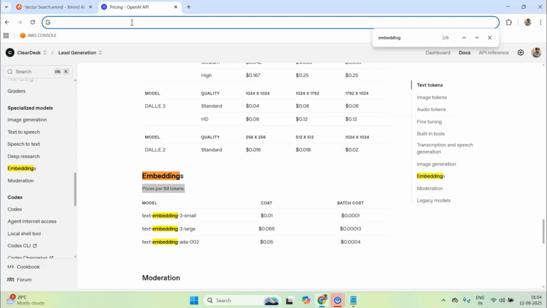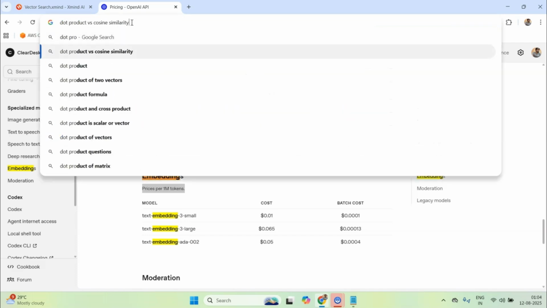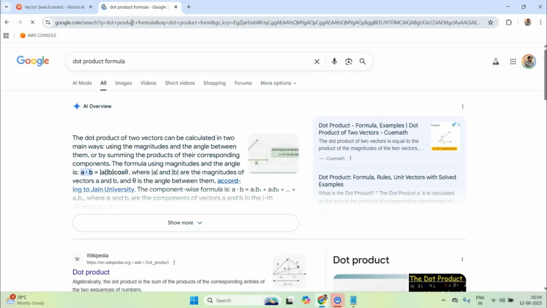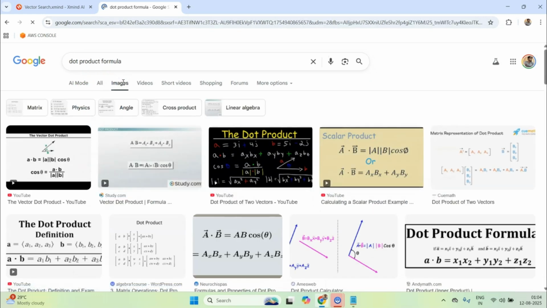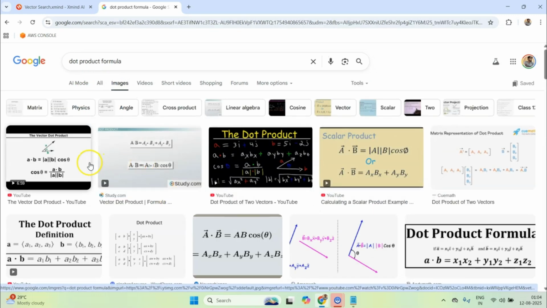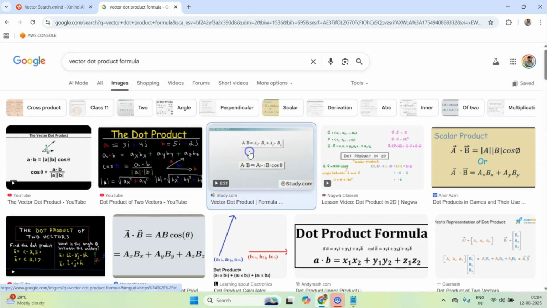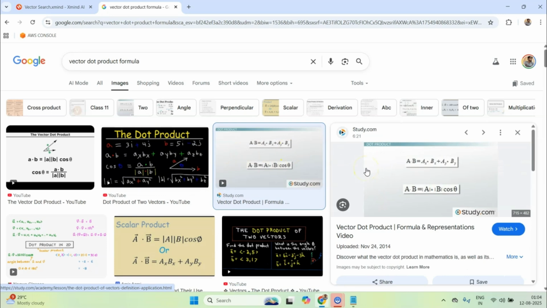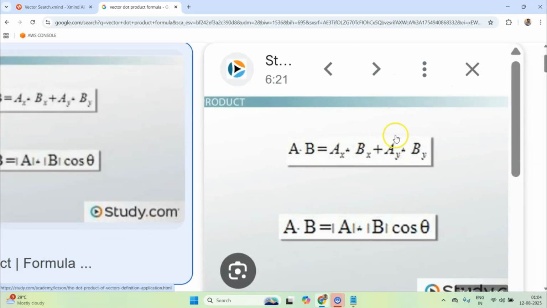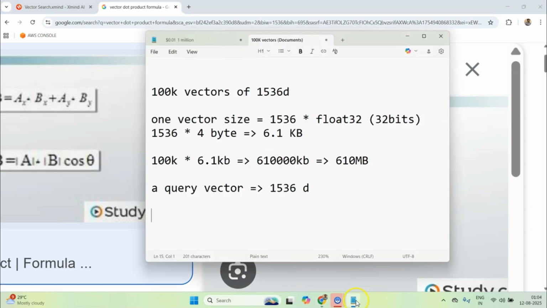Let me get the dot product formula. So what is the vector dot product? In the vector dot product, the top formula is what you need to consider. We multiply each element by the corresponding element in the second vector, and we then take all those individual multiplications and sum them. Here we are talking about vectors of size 1536.